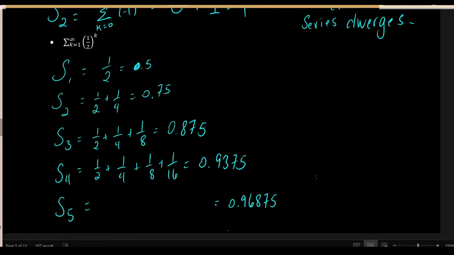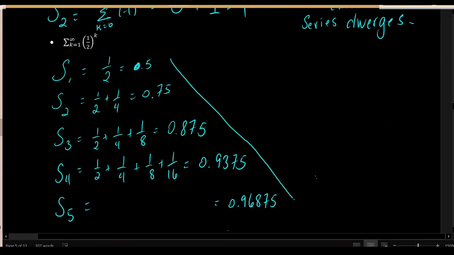So as we add on more and more terms, it looks to me like the values in the partial sums that we get as a result are approaching 1. So this series actually does converge. And we also know, if we manage to sit down and add together every term in this infinite sequence, we would get as a result the number 1.